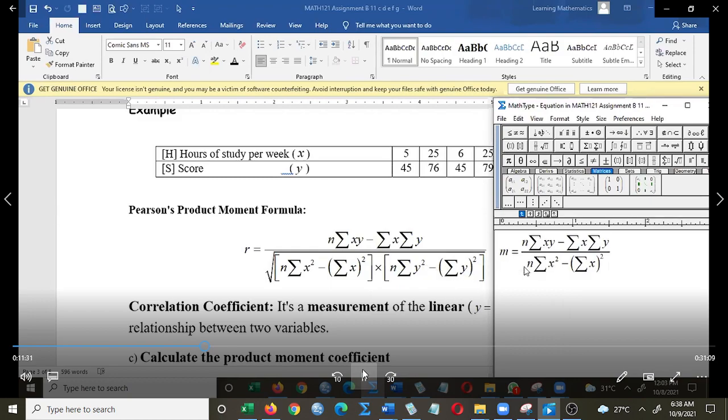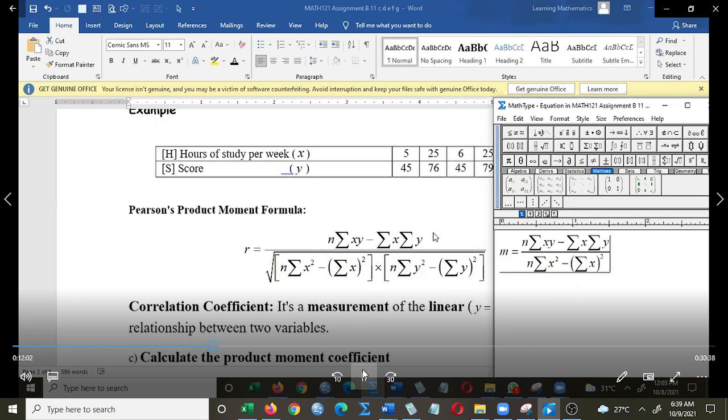There's no square root sign in the denominator. But as you can see, this section there is exactly the same, right? That little piece there is exactly the same. So it's just two of them.